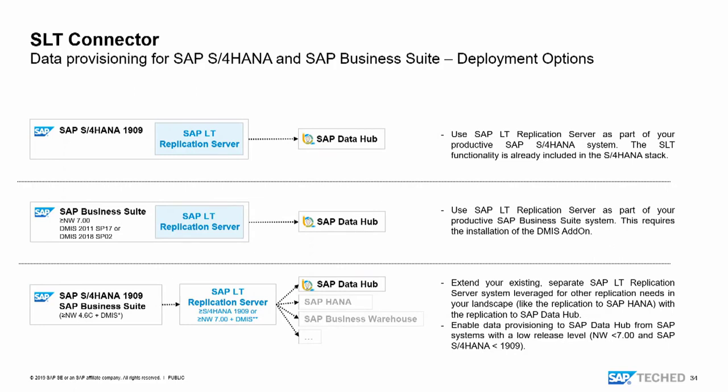And this would be then the last option that you see here. Another advantage of that is that you can also extract business data out of SAP systems of a really low release. So SLT supports down to 4.6C systems. So anything in that area can be connected via SLT.